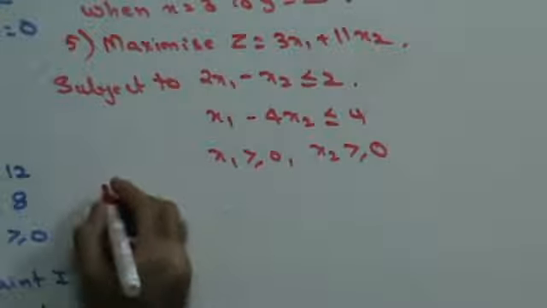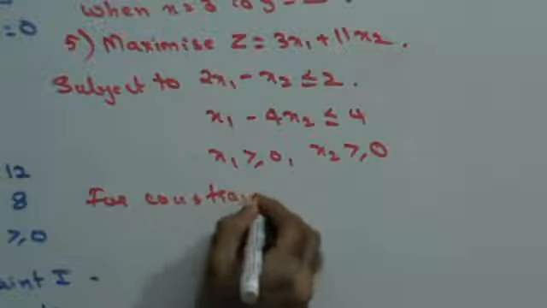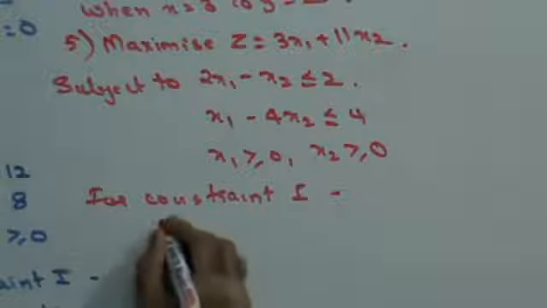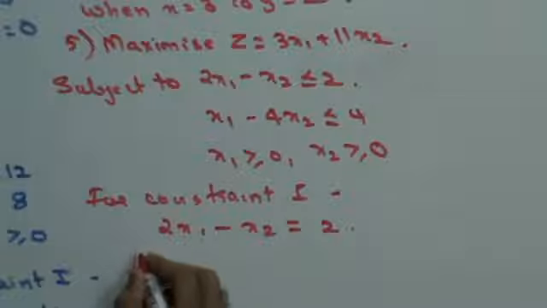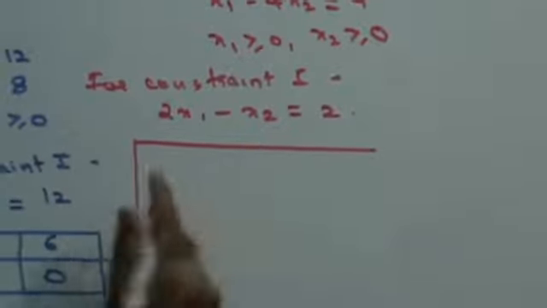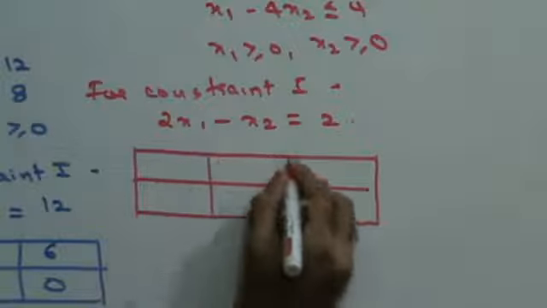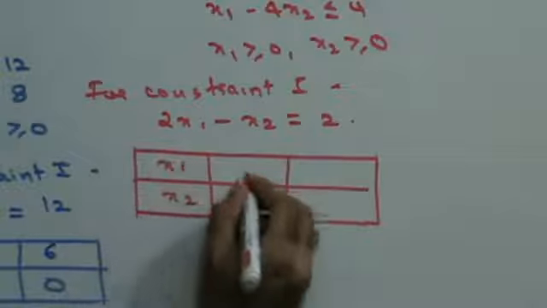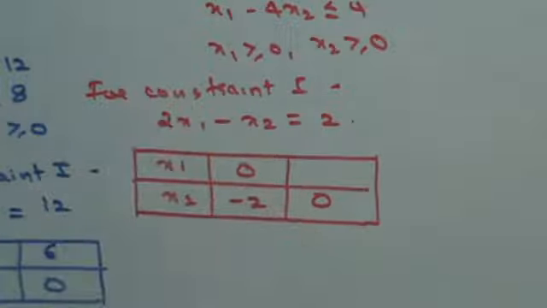Right? Now, let's see this. First of all, for constraint 1, 2x1 minus x2 is less than or equal to 2. So we'll just write this as equal to 2. x1, x2, 0, 0. Now if x1 is 0, then x2 will be minus 2.